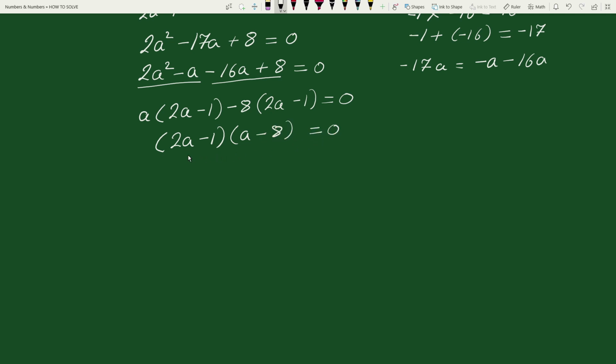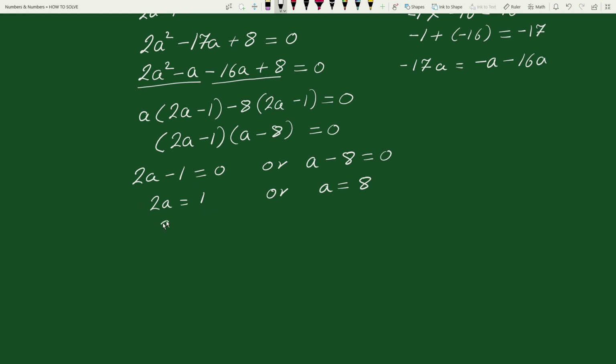This implies that either 2a minus 1 is 0 or a minus 8 equals 0. So we can write 2a minus 1 equals 0 or a minus 8 equals 0. From here 2a equals 1, or from here a equals 8.